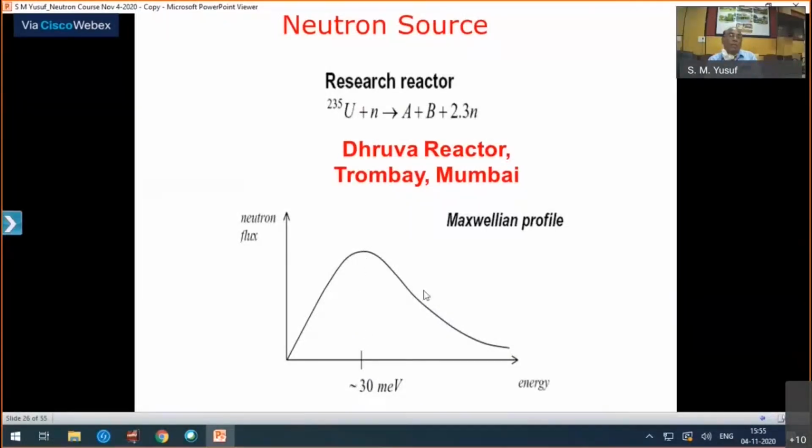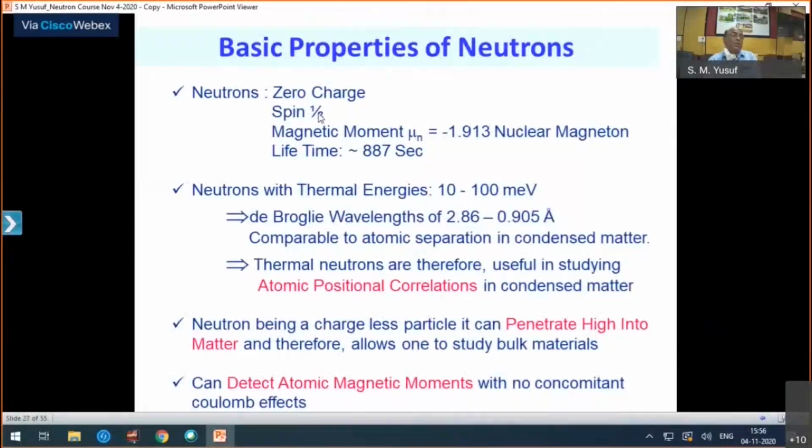So lambda-wise, 1 to 1.8 angstrom kind of neutrons we are talking about. On the average 2.3 neutrons come out from each fission, and this was already talked about.